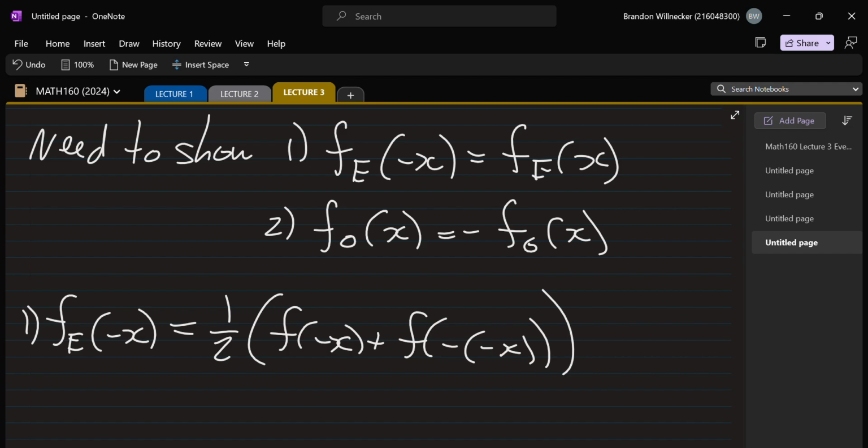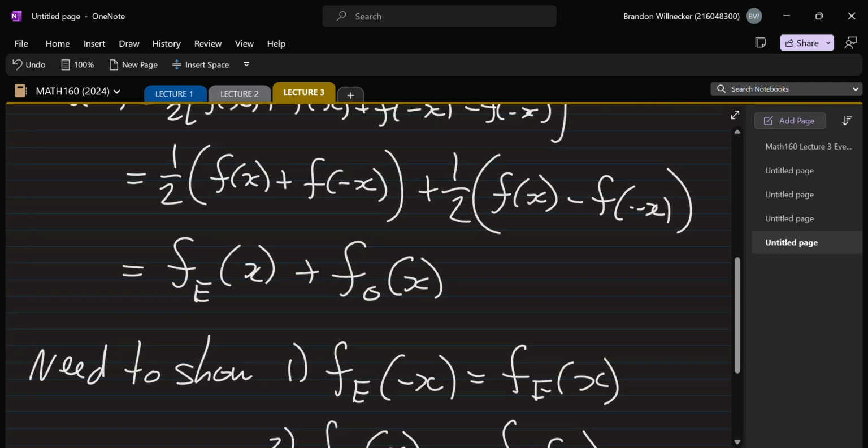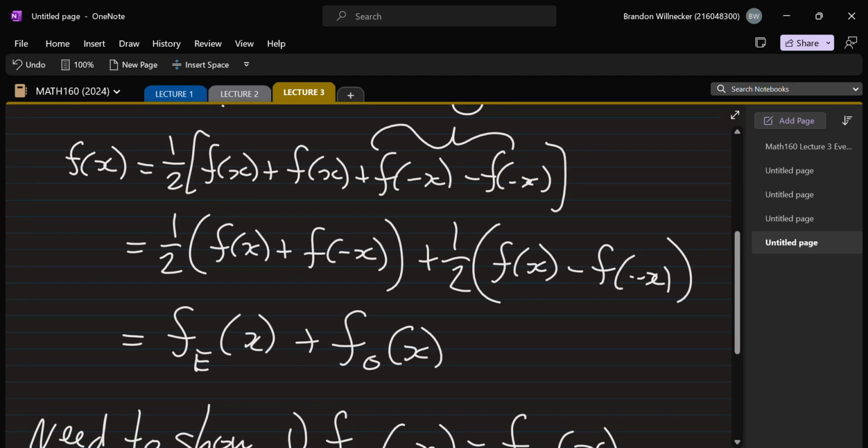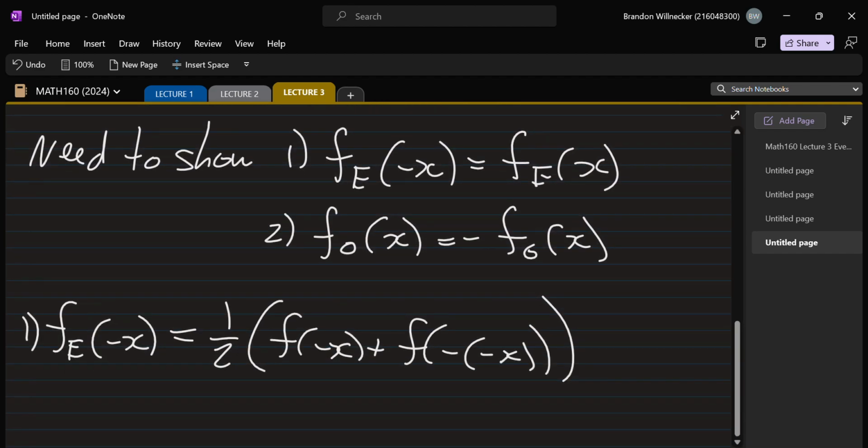Notice on the second term I have two minus signs because originally there was one minus sign. Now I'm substituting minus x, so it's minus x. Please keep track of your signs there. Over here, there was f of minus x, and I'm substituting minus x, so it's minus x. Anyone lost with that?